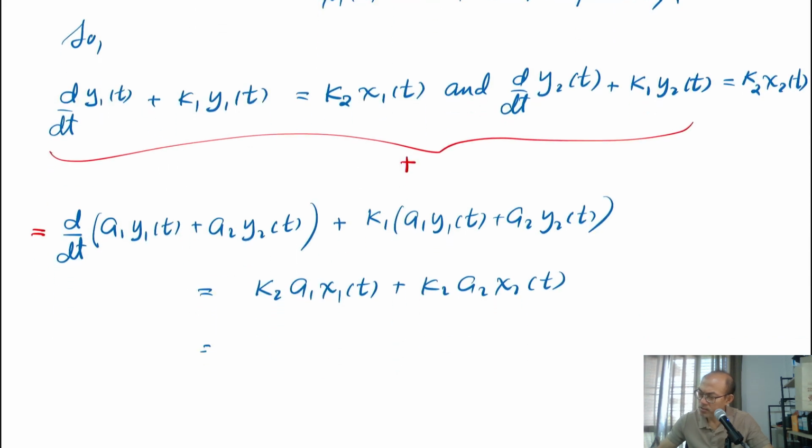And we can rearrange it as k2 times a1 x1 plus a2 x2.